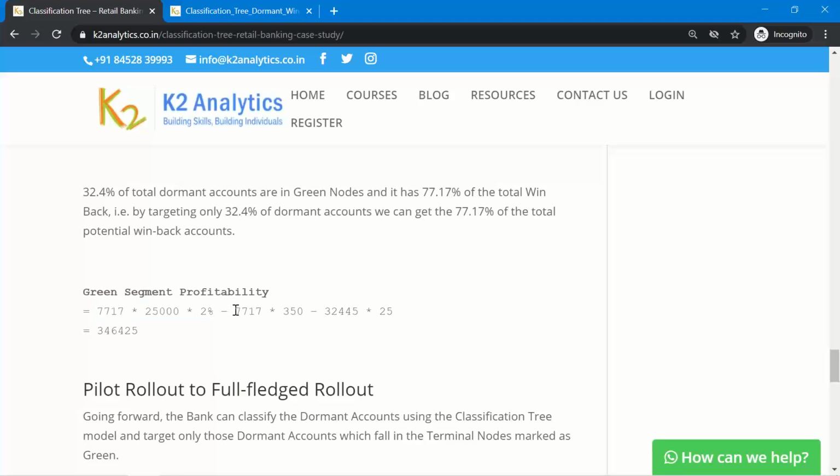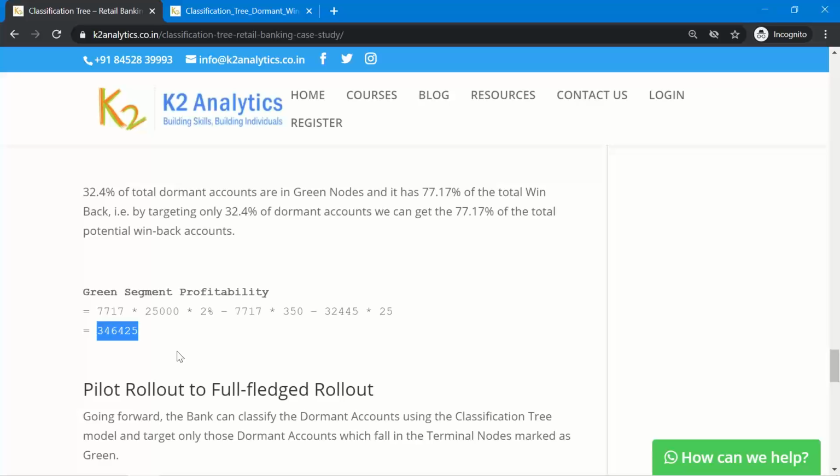My cost of fulfillment would be 7,717 into 350, and the overall base which I would be targeting is 32,445. For getting these 7,717 conversions, my profit would be this amount, 3,46,425. This is the learning from the pilot campaign by targeting only the green segment.